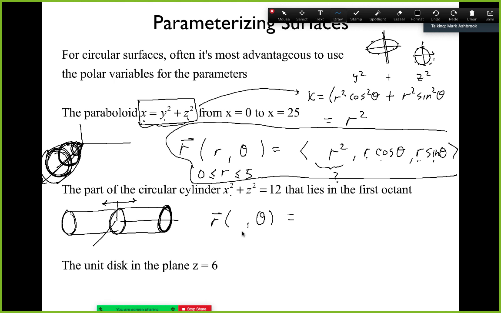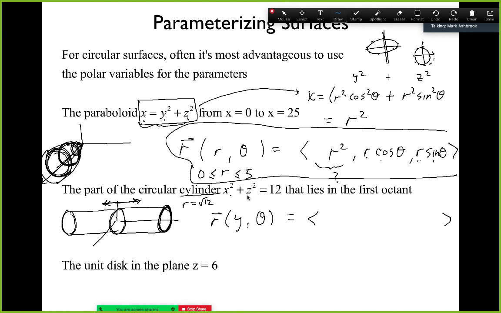We don't want to waste one of our two precious variables on radius when it's just square root of 12 everywhere. So the other variable is going to be getting all the circles along the cylinder. So it'll be just y.